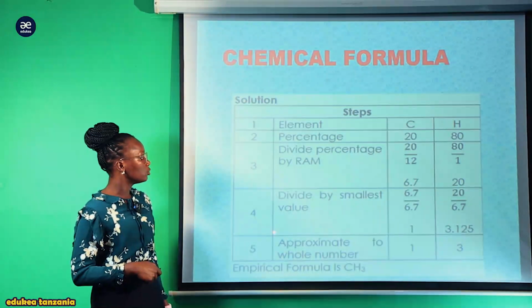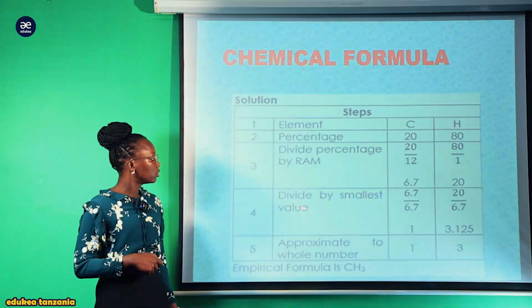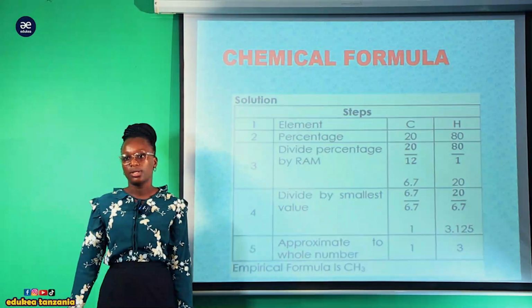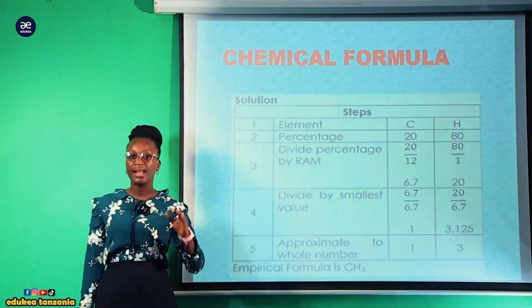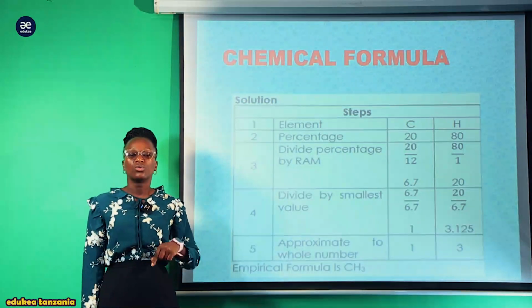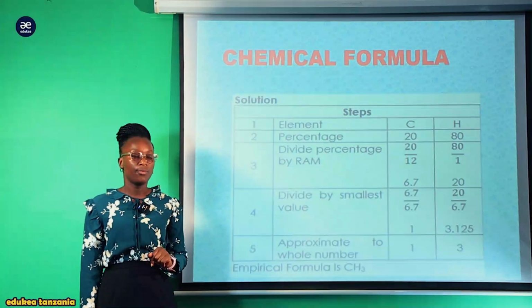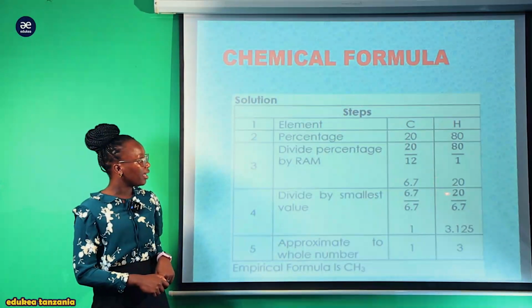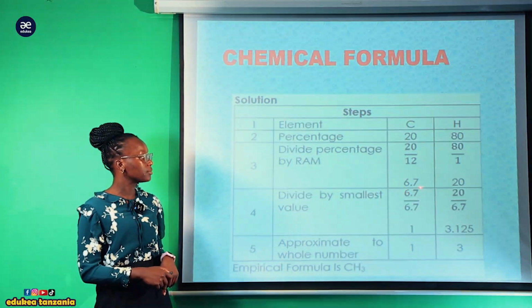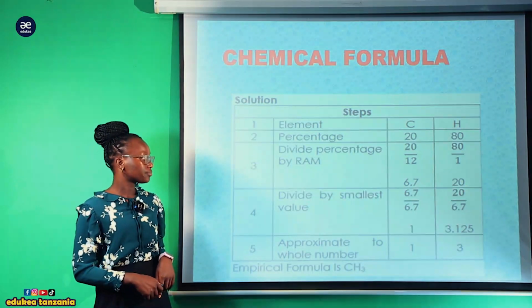After that we are going to divide by the smallest value. Kwamba tukishapata ile value, baada ya kudivide tunaenda kugawanya kwa namba ndogo lile jibu. So ukiangalia hapa namba ndogo kuliko zote ni 6.7. Hapa tuna 6.7, hapa tuna 20.